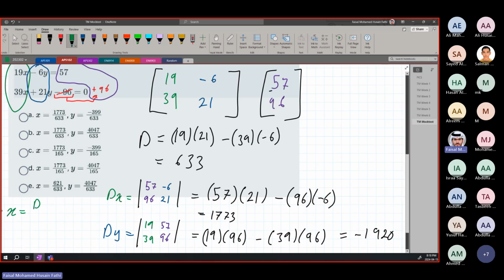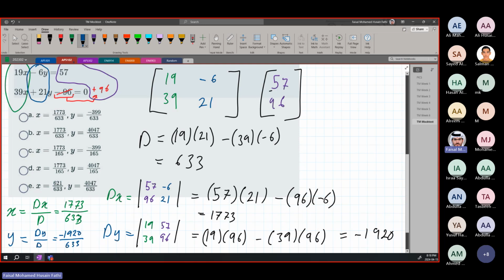All right, now to find your x and y, very simple. x is equal to dx over d, so it's 1773 over 633. And your y is dy over d, which is minus 1920 over 633.